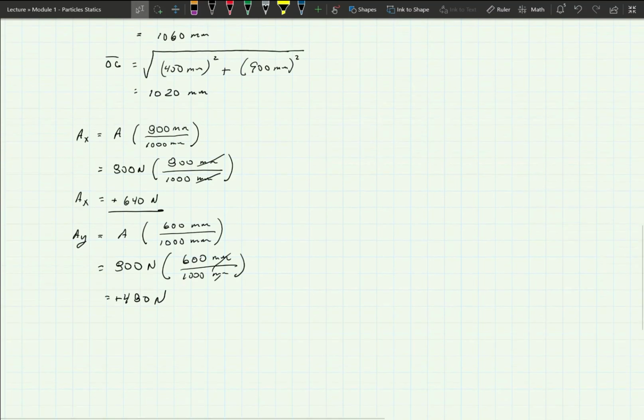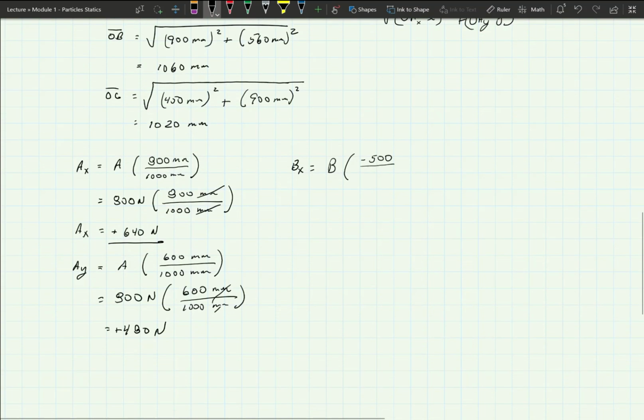Okay, for simplicity's sake, I'm going to do B of x over here, and that's B times the ratio. I want my distances negative 500 over the 1060.